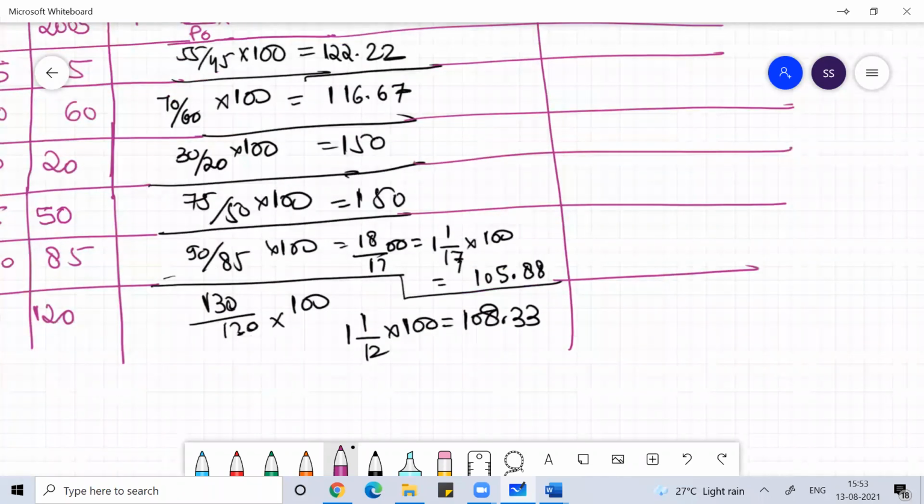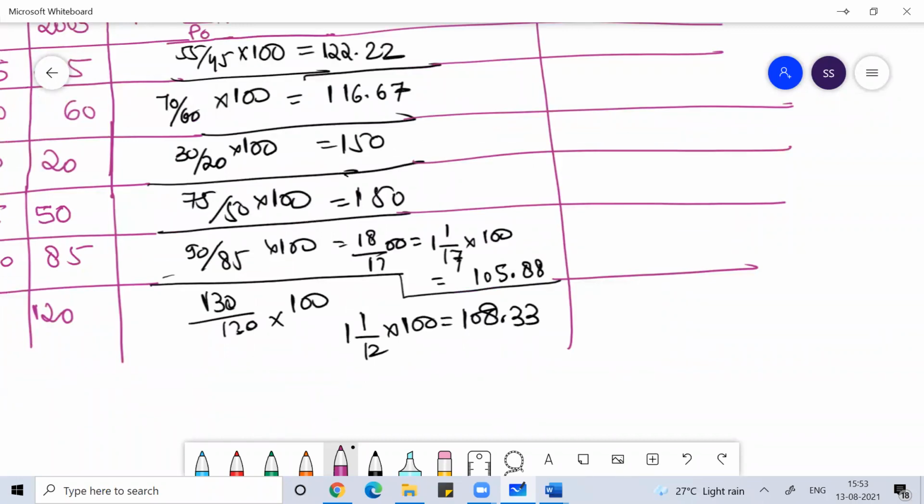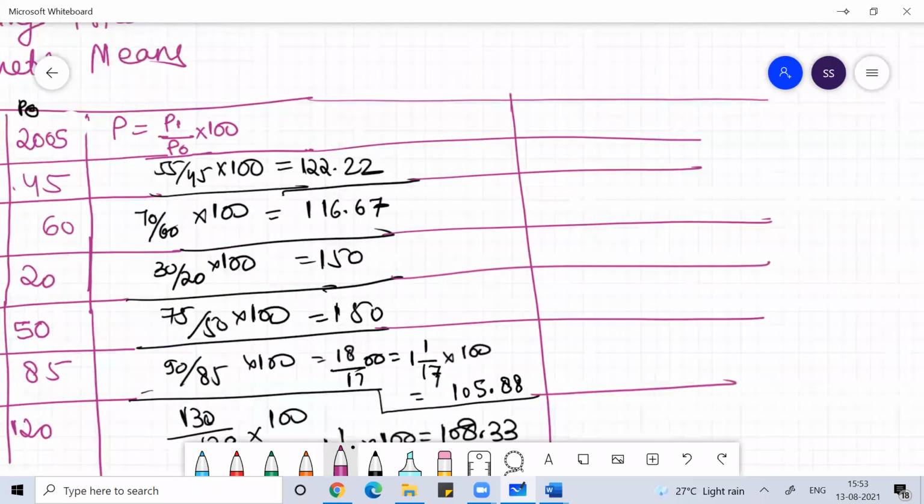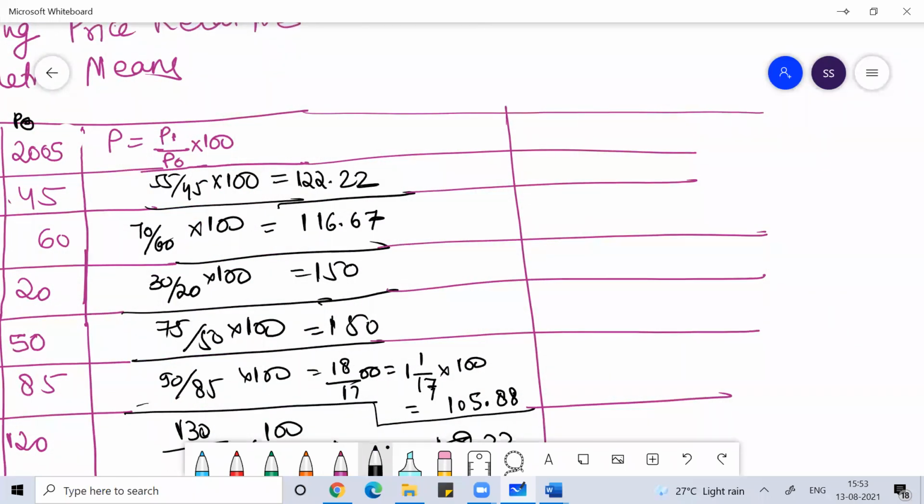Once you find the price relative by using the formula P1 by P naught into 100, then find the log P. Log of 122.22, so use the log.